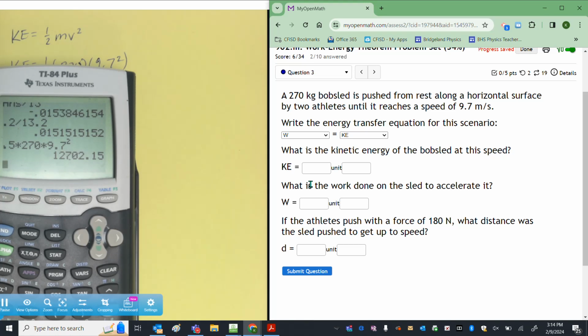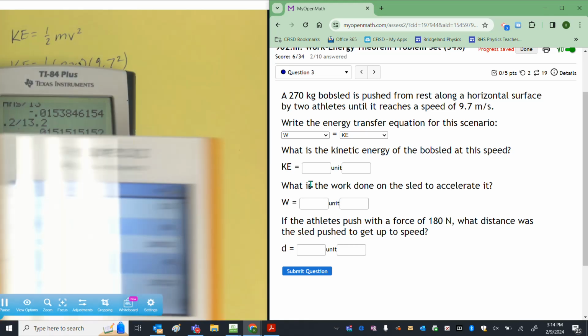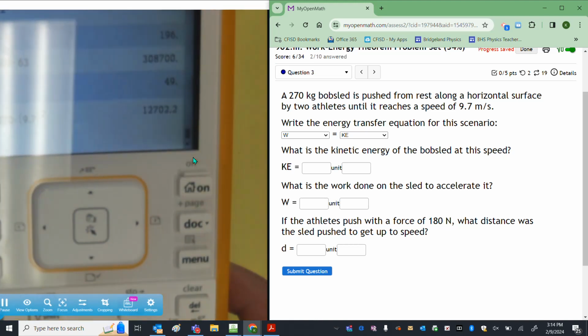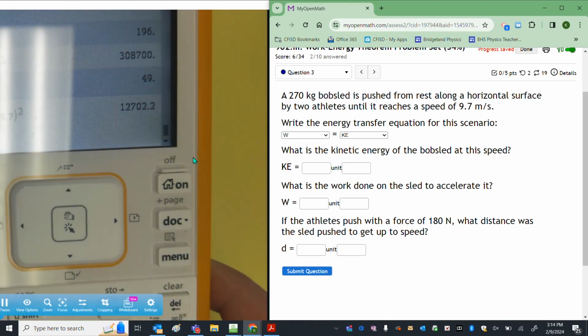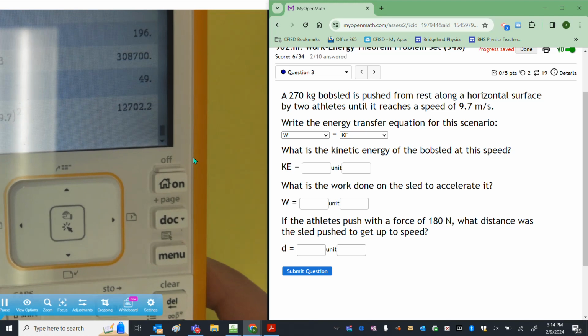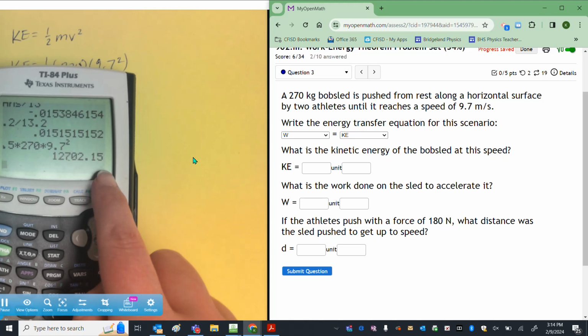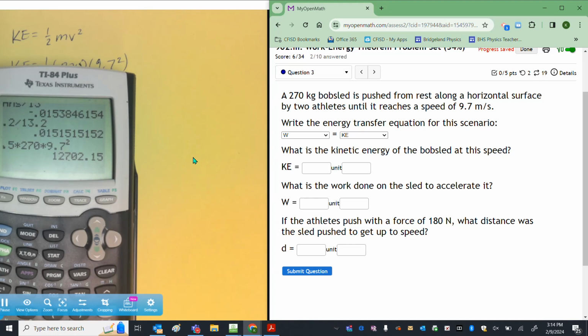And let's see if this one does what I think it's going to do. Yep, it sure does. Exact same thing, different answer. This one is chopping it off to 12,702.2 instead of 12,702.15. MyOpenMath will count this wrong. On a test, it's not really going to matter, but MyOpenMath, you have to go to 2 decimal places.